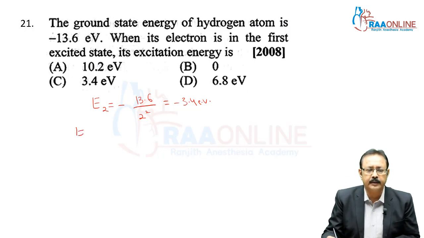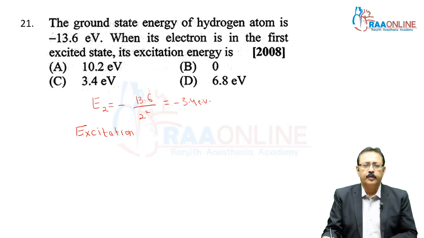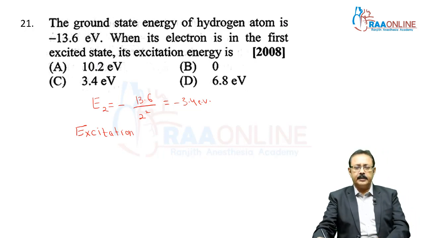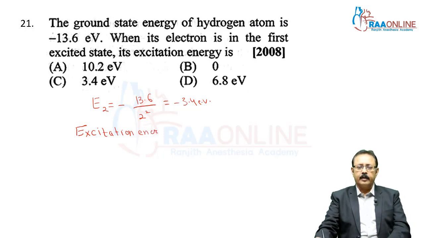We do not want ionization energy, we want excitation energy. Excitation energy means the energy needed to take the electron from ground state to that state, the energy difference between those two energy levels. So excitation energy should be the difference of these two energy levels.